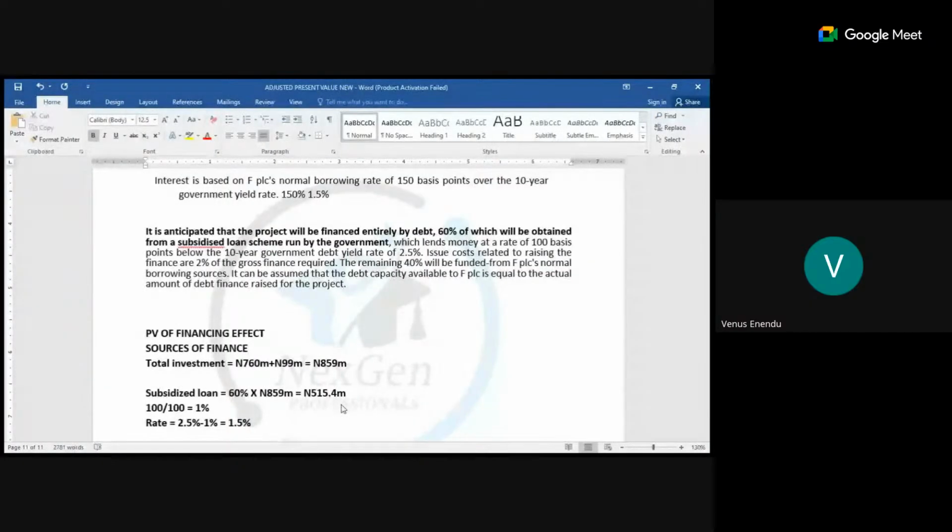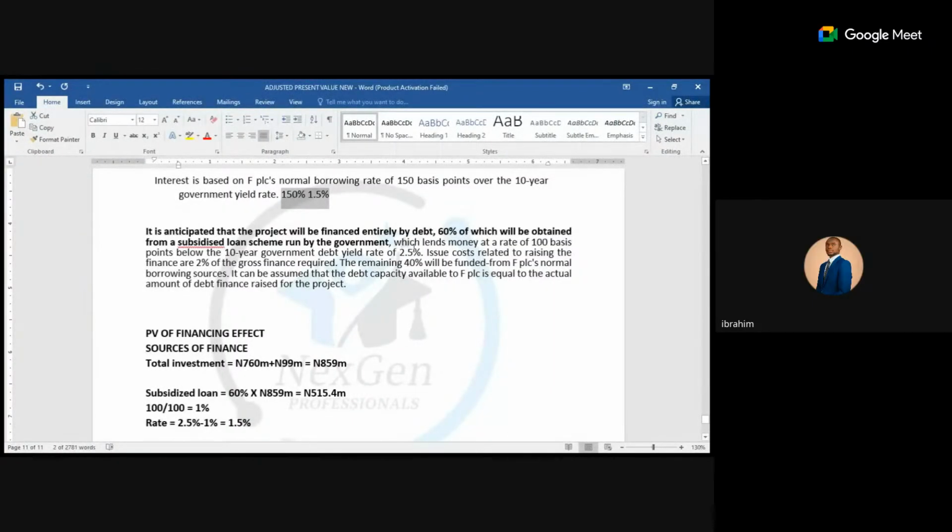Please, sir, this 99 million, is it the working capital in year zero that you added to the total investment? Yes, plus that is the normal borrowing from the government. What they borrow is at the subsidized rate.